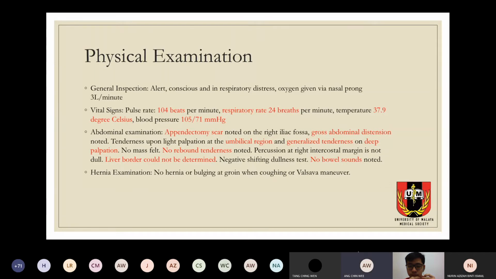That's why, like I said from the beginning, there's nothing 100% in clinical medicine. The textbook would say in perforated viscus with generalized peritonitis, you would have pain everywhere, pain on light palpation generally, and rebound tenderness, to justify the word peritonitis. But in real clinical practice, it does not work like that all the time, and there are many reasons for that. One reason is there's gross abdominal distension.